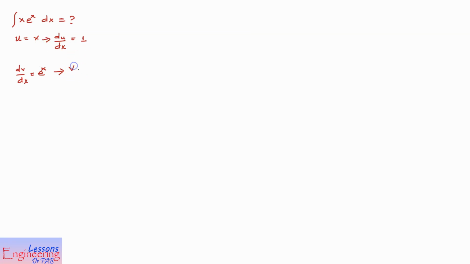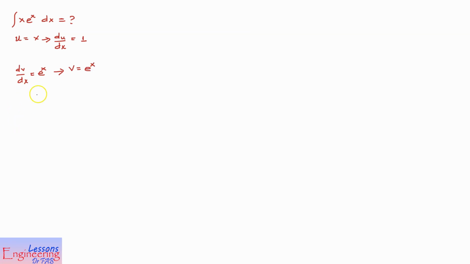So now, integral of x times e raised to x dx. We assumed u to be x, so therefore du by dx is 1, and we also assumed dv by dx to be e raised to x, so this will give us v to be e raised to x.